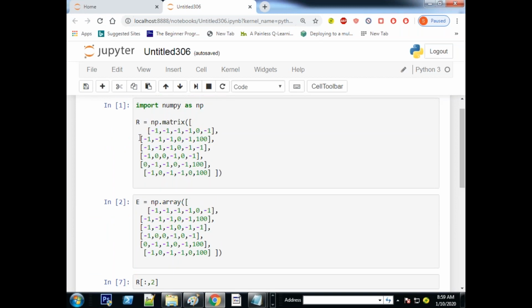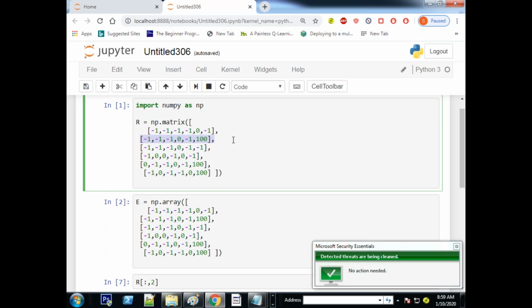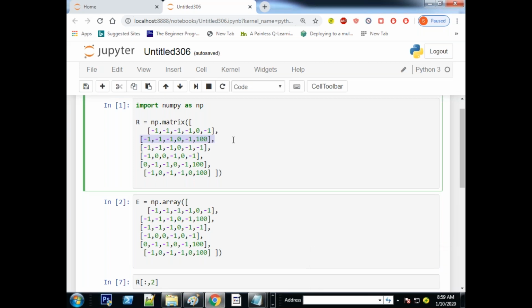I am at room number 1. What actions are possible? All -1 means not possible, right? Which is not -1? Possible. That means the values greater than or equal to 0 are the possible actions. Understood?